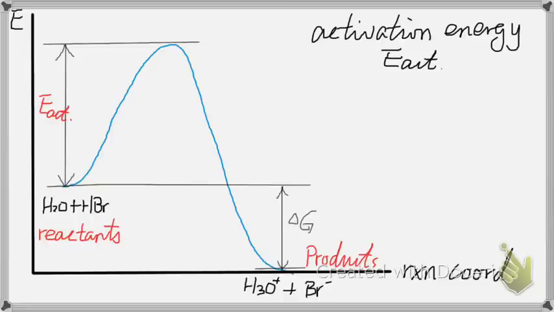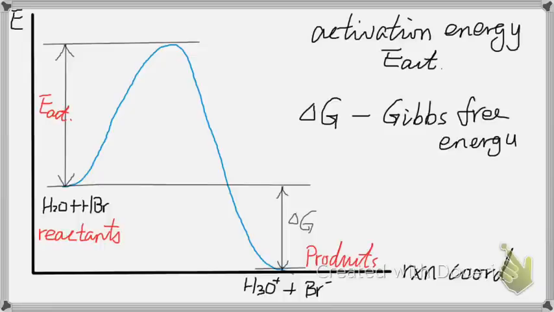And we also have an energy difference between the reactant and the product. We use delta G to represent it. And I'm sure you have learned about this from general chemistry. Delta G is the Gibbs free energy. It's the energy that is required for the overall reaction.